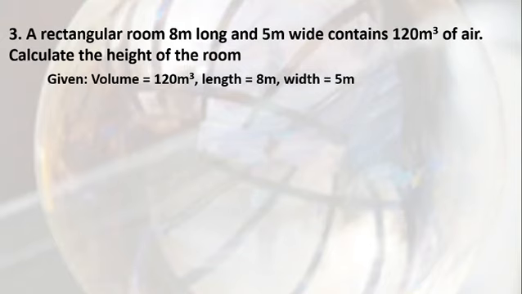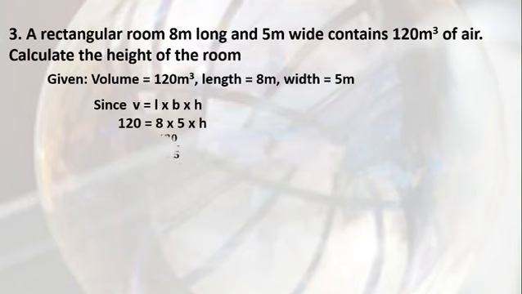Height would be, we divide both sides by 8 times 5, and so we perform the division, and our height would be 3 meters.